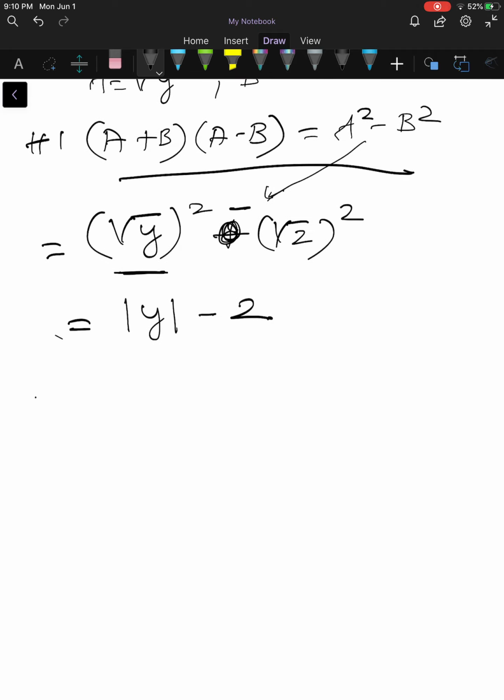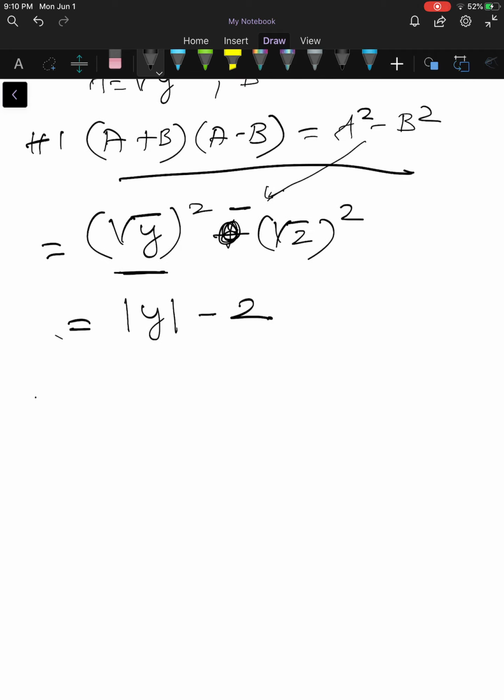So in that case, the given expression is of the form a plus b times a minus b, that is equal to a square minus b square. So here a is square root of h square plus 1.